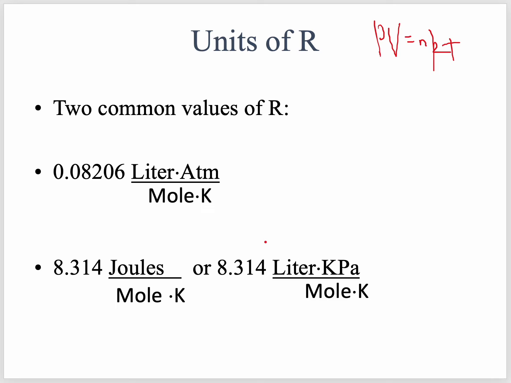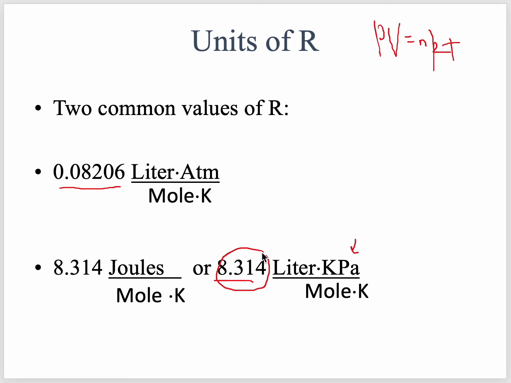It depends on the question what kind of values you are given. If the pressure is in atmospheres, it's better to use the first one. If your pressure is given in kilopascal or pascal, it's better to use the second. Mostly in our curriculum we use this value.